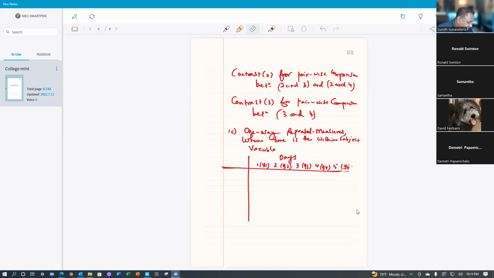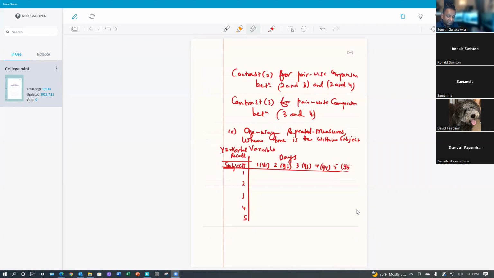What would be your Y? These are the subjects again, and Y would be verbal recall. You're going to read some kind of words to them, and then see how much of them they can remember after 1 day, 2 days, 3 days, 4 days, 5 days, like that kind of experiment. Here you're going to utilize 5 people.